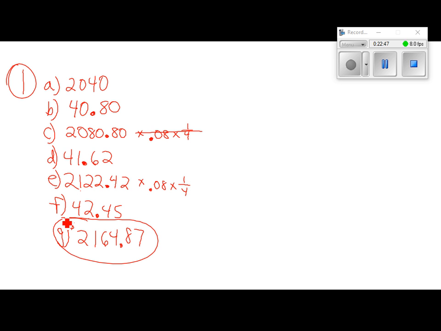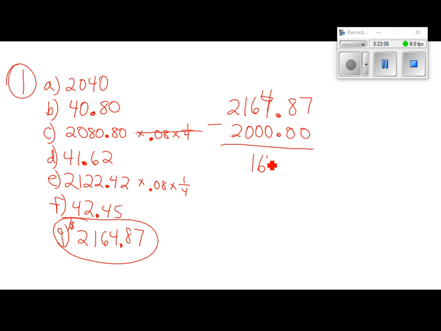Take this, 2,164.87, and subtract off what she actually started with. How much did she start with? 2,000. So about $164.87. That'd be the amount of interest that she drew in that year.